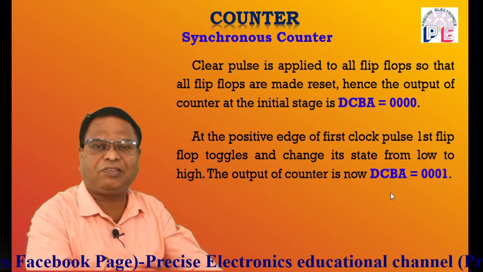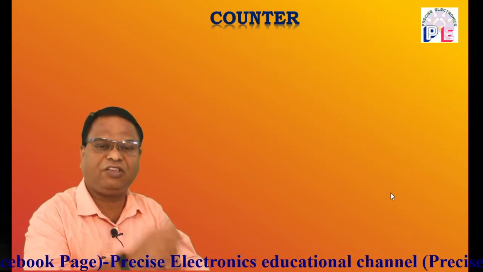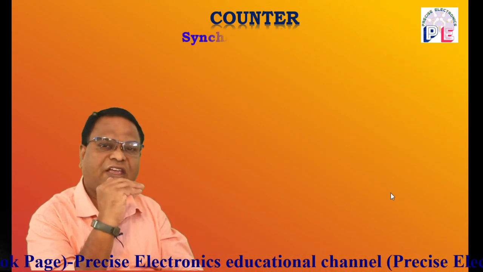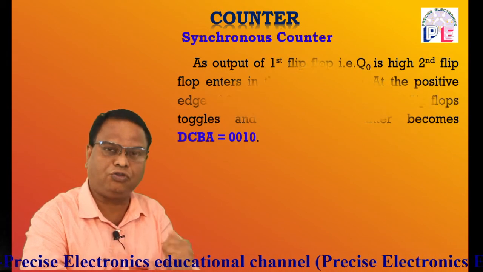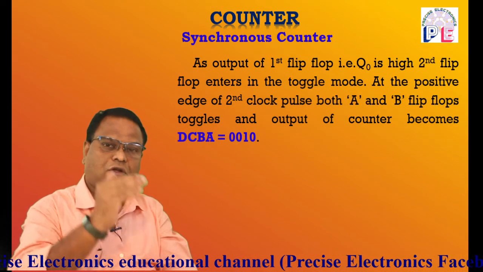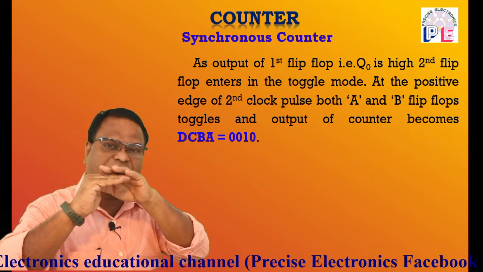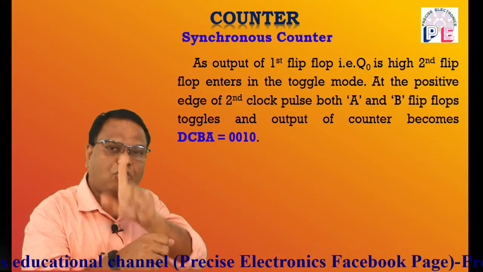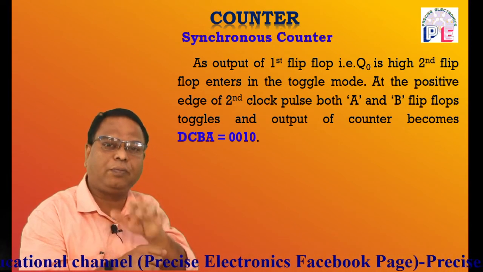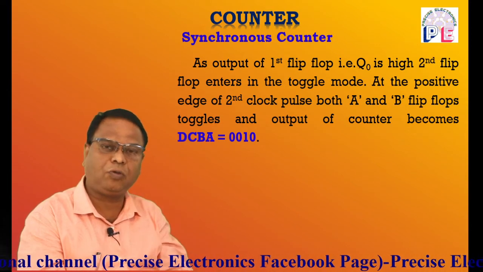Next, when the next pulse applies and the next positive edge appears, once again A flip-flop toggles and changes its state from 1 to 0. The first flip-flop changes its state from high to low. At the same time, the clock pulse is also connected to the B flip-flop, C flip-flop, D flip-flop.